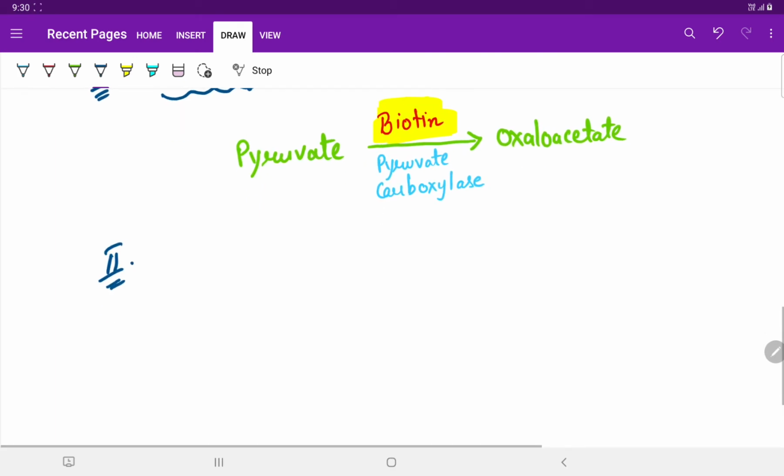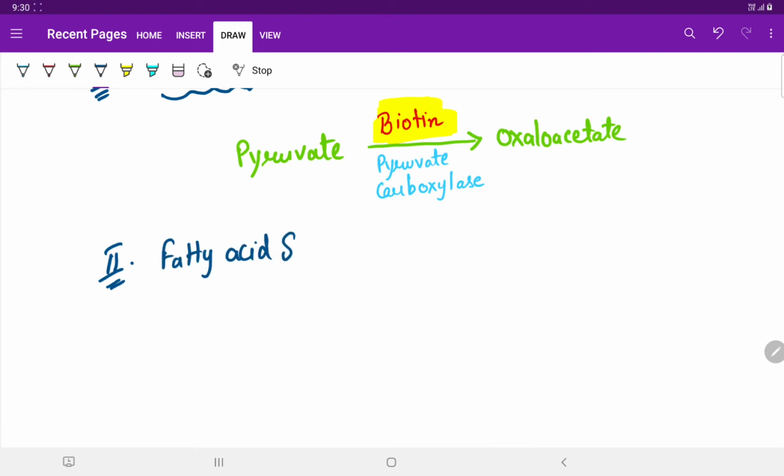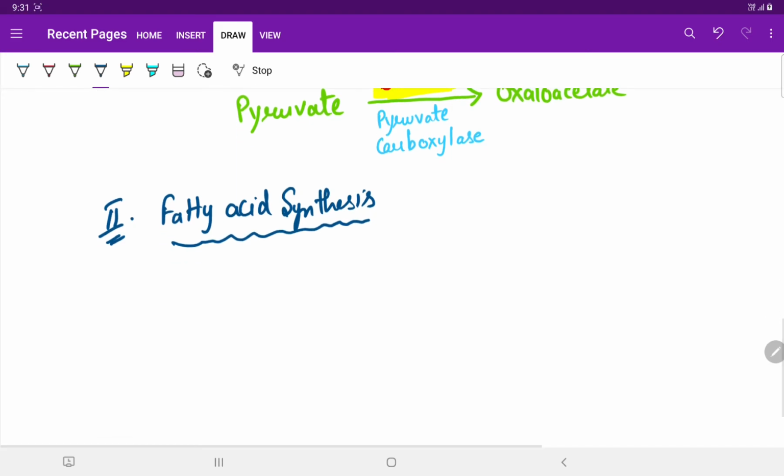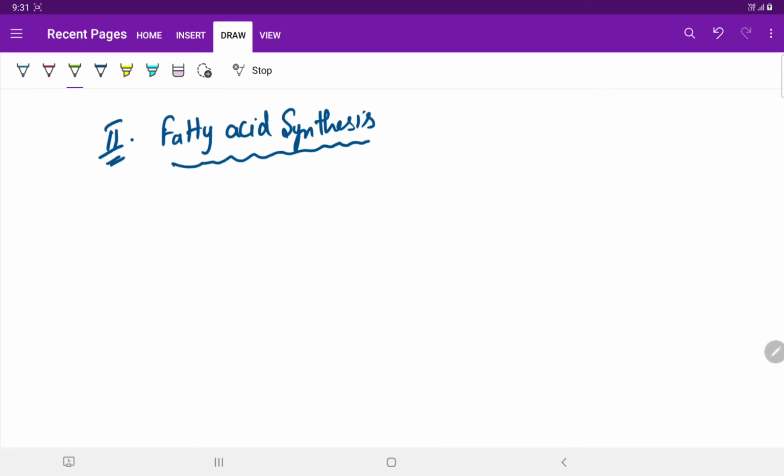The next is in the synthesis of fatty acids. For fatty acid synthesis, we can see acetyl coenzyme A is the starting material, and the first step is the conversion of acetyl coenzyme A into malonyl coenzyme A. This occurs in the presence of biotin.